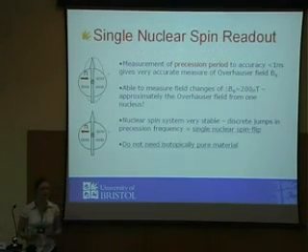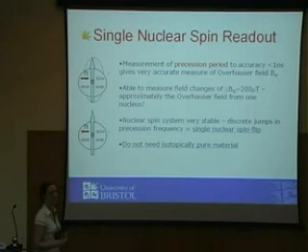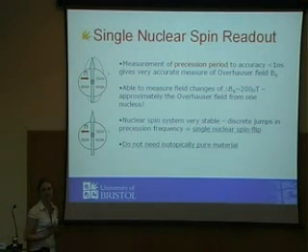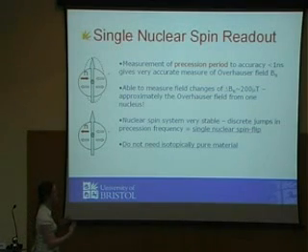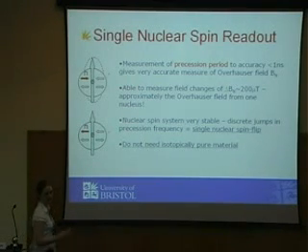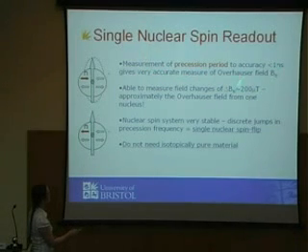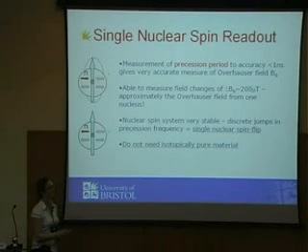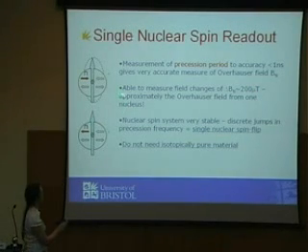Another suggestion I've calculated and I plan to work on in Bristol is using the electron spins to read out a single nuclear spin flip. I showed you before that in the ensembles we measured precession of the electron spin in the magnetic field. What I want to do now is measure this precession period in the nuclear Overhauser field. It turns out that if you measure the frequency, you can measure field changes down to very, very low fields.